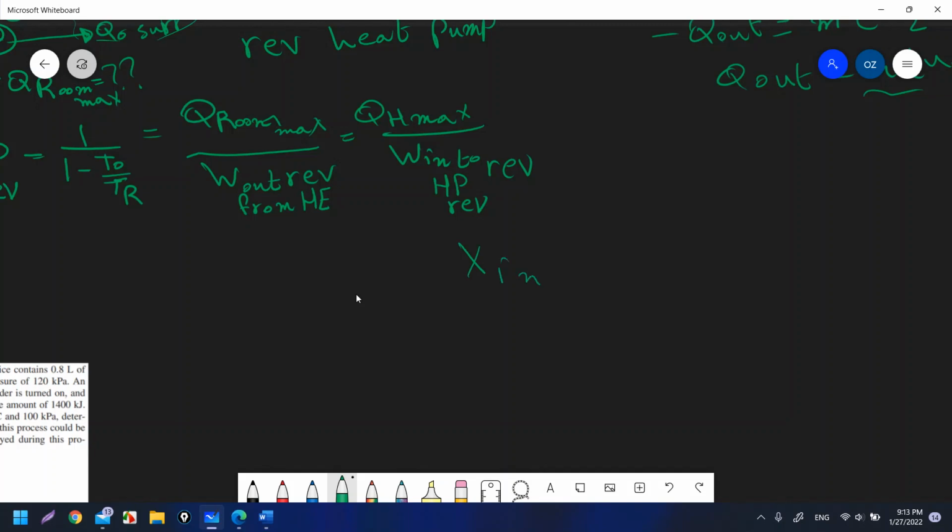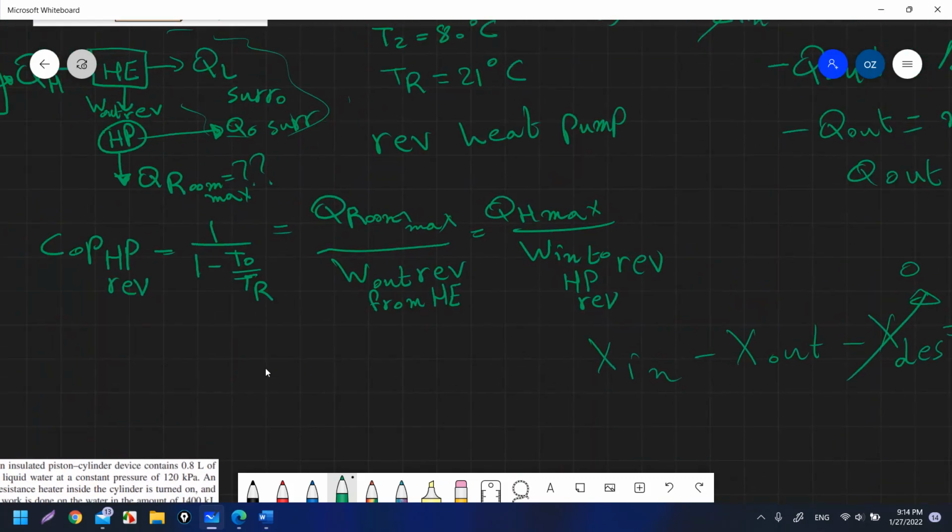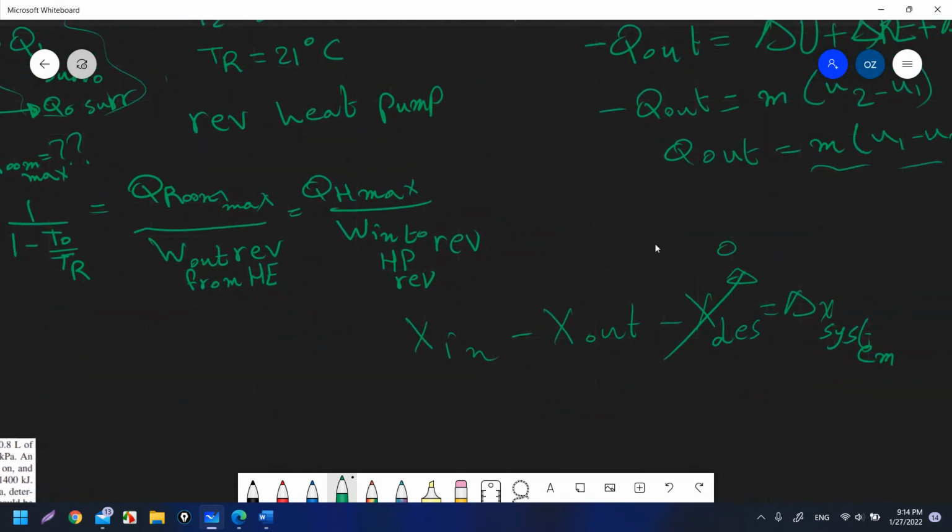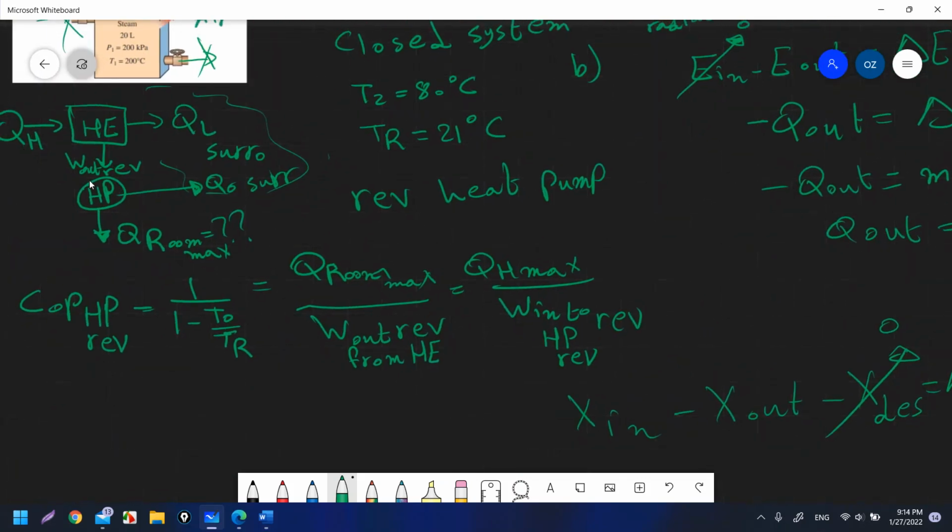So it is X in minus X out minus X destroyed equal delta X system. And when we say reversible work, always X destroyed is equal to 0. And now for reversible work, shall I substitute by X in or X out? Here it is X out because I am making the exergy balance on the heat engine.